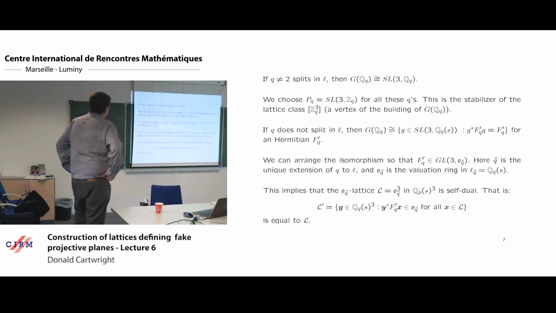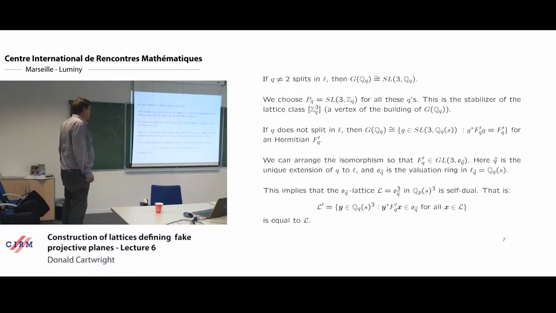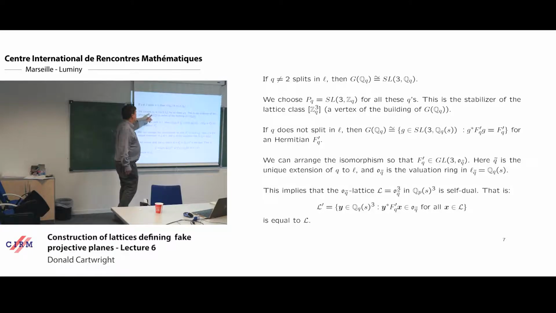All right, I didn't quite get through finishing explaining this in lecture 2, but I'm not going to go into it. It's on the web, I guess, that talk. So if Q is a prime which splits and is not 2, then the algebraic group G, its Q_Q points, are isomorphic to SL3(Q_Q). And we can choose our maximal parahoric to be SL3(Z_Q).